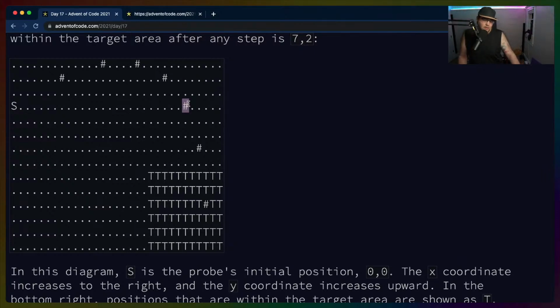Are we guaranteed to always... I guess we do always hit on 0. The fact that we always hit on 0 feels weird.